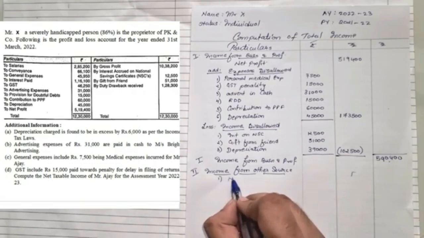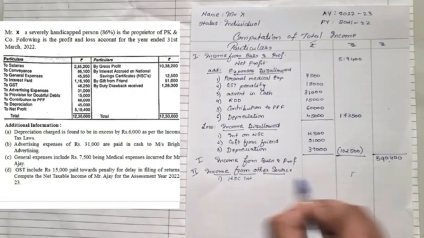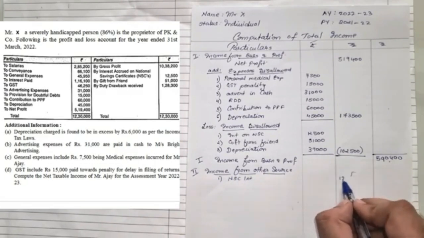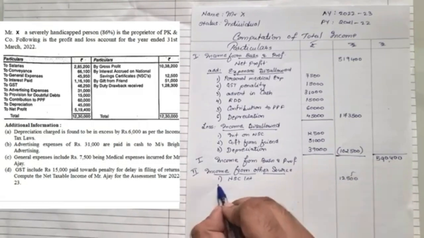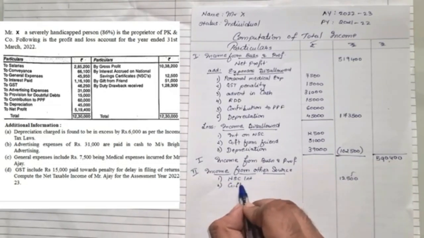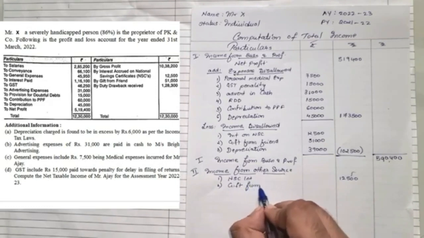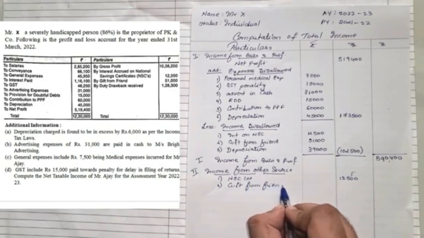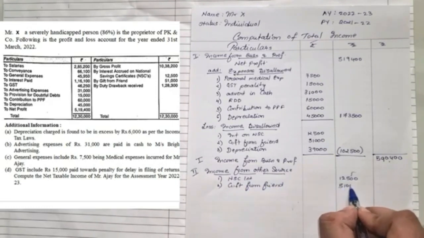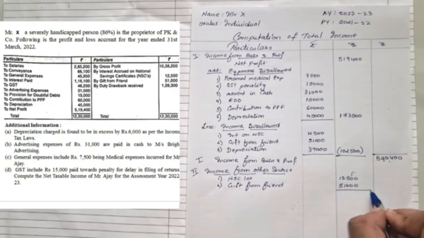So number one, I have NSE interest, which is 12,500, and second, gift from friend, which is again fully taxable, 51,000. So the total comes to 63,500 as income from other source.